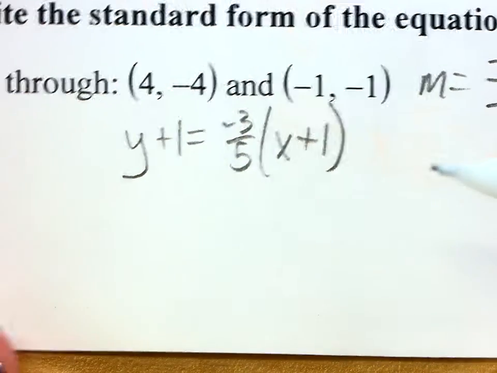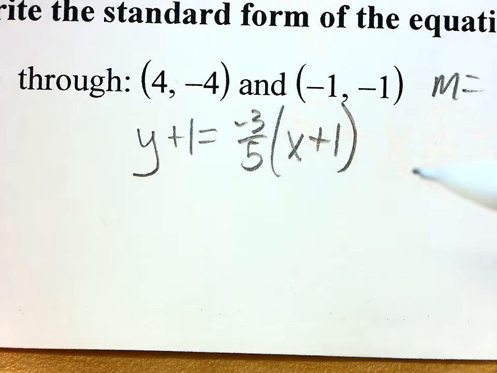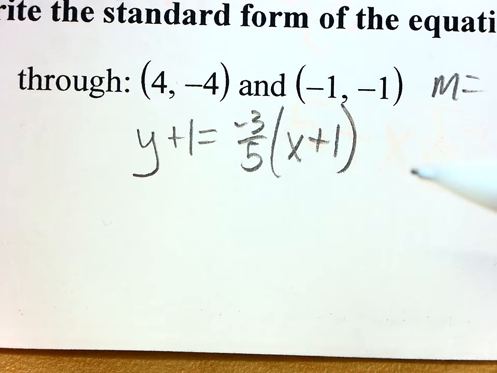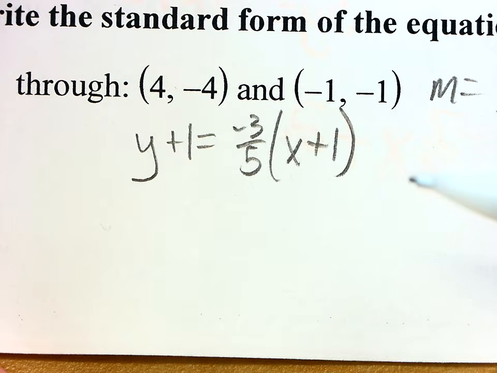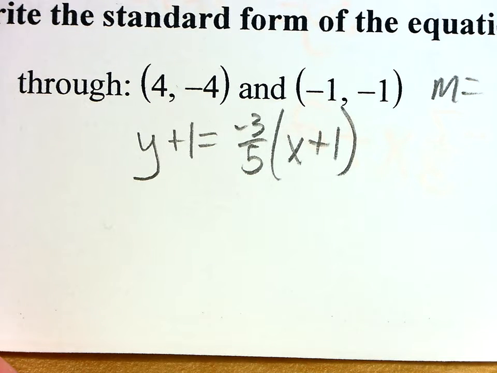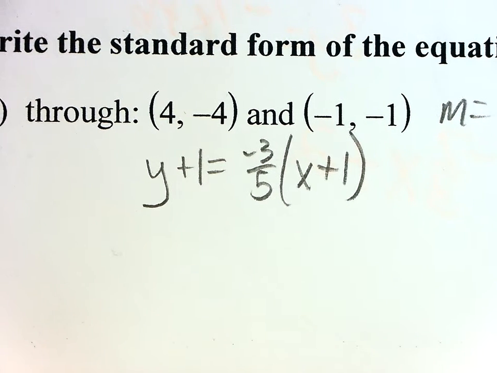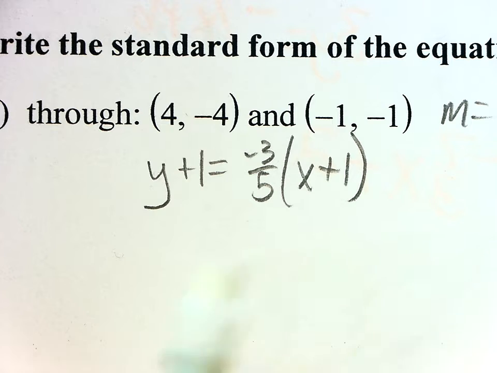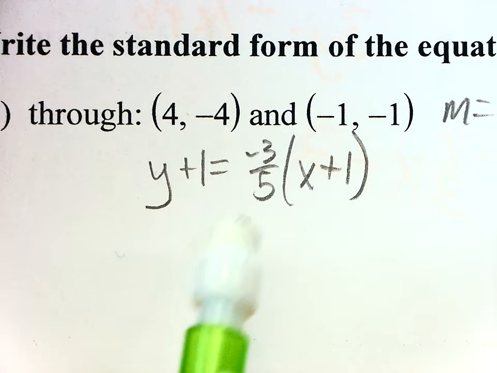By the way, if they ever just say write the equation of the line and they don't specify what form, you get to leave it in any form you want. So here's my equation in point slope form.